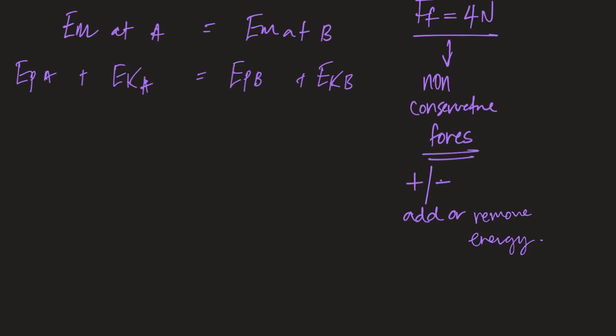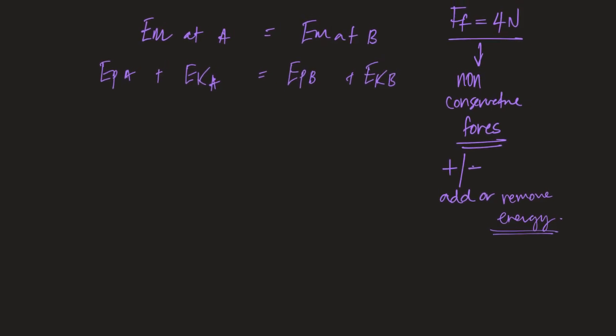So what we need to do is take it into consideration. Now, in previous videos, I showed you that because these non-conservative forces do work, I will end up with work done by non-conservative forces. Those are the forces that add or remove energy. So I've got to compensate for that by adding that to my system.